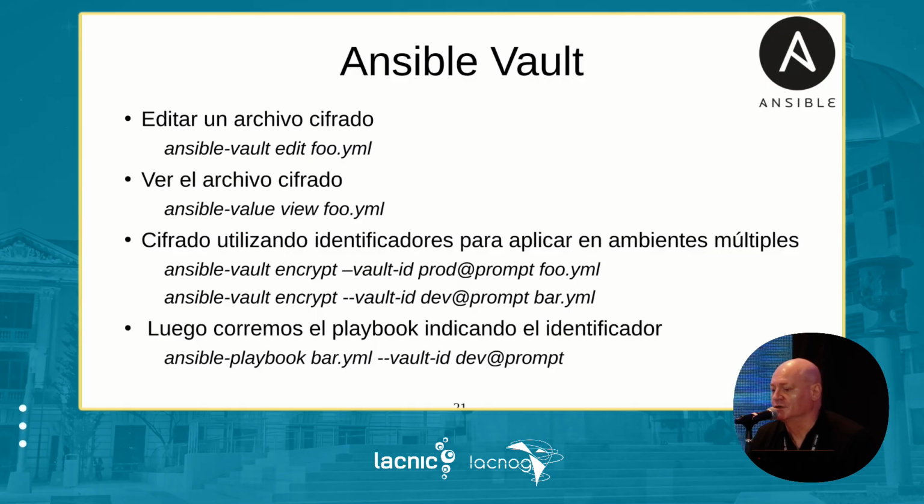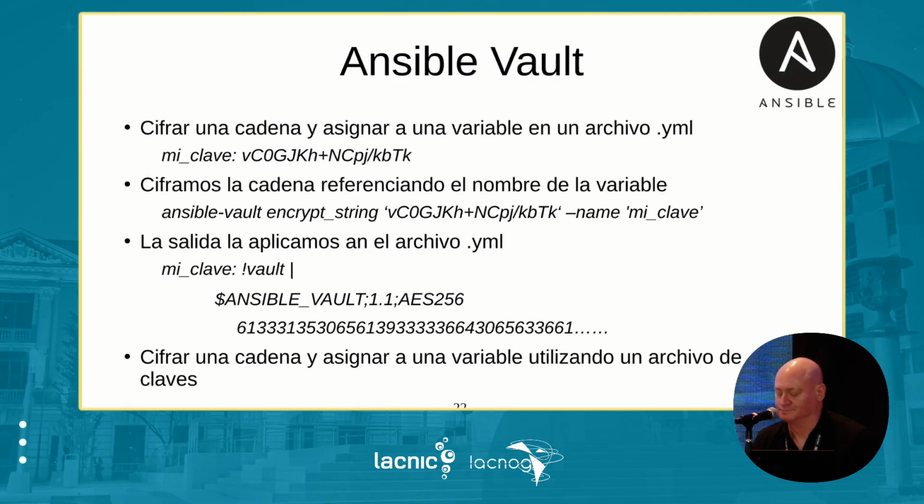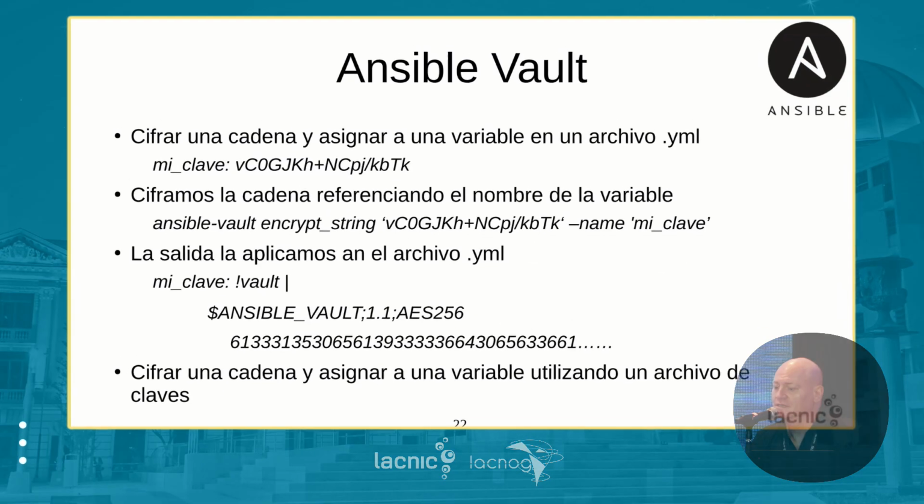There are more examples right here on how to do it. We can use identifiers. I can use several passwords, several IDs, or a file that contains all of the information. And once I execute it, I provide the ID and it searches for the keyword used for encryption.